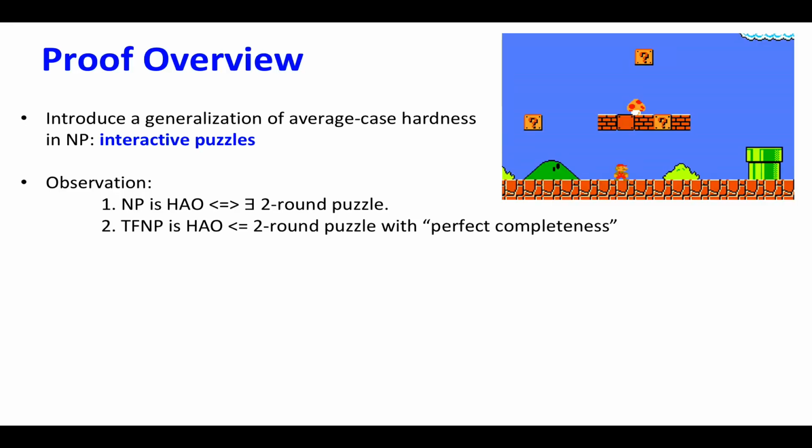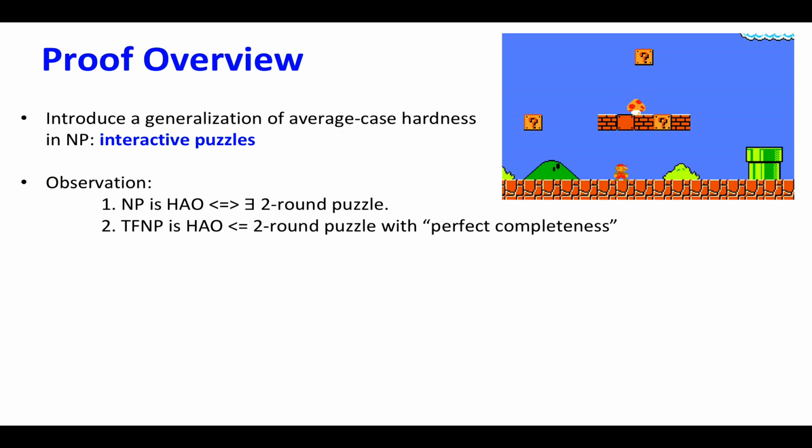Now, it will be very obvious that in fact, the assumption that NP is harder than average is going to turn out to be equivalent to the existence of a two-round puzzle. That's going to follow mostly by the definition. And it turns out that if you consider a special class of puzzles with something we call perfect completeness, and roughly speaking, perfect completeness will say that it's always possible to win in this game.